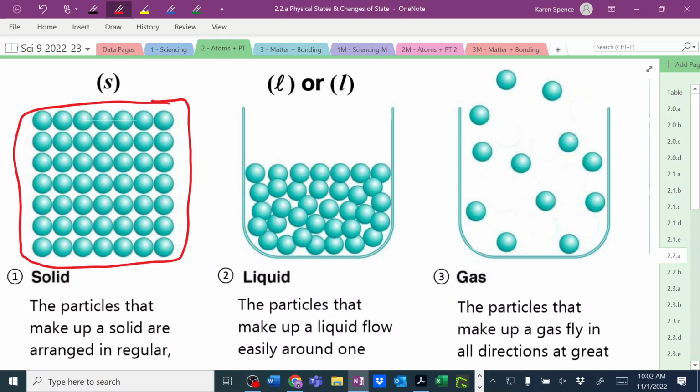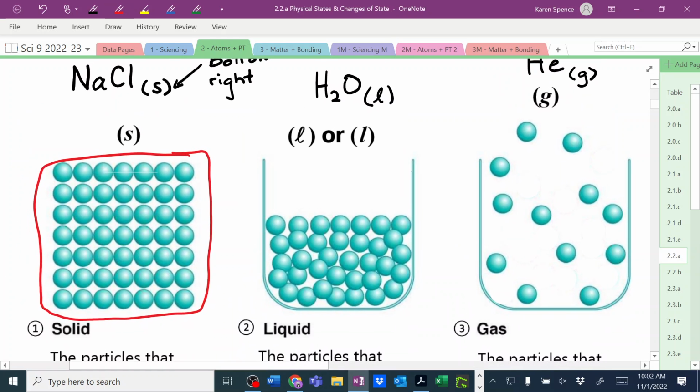Okay, what are some words that we could use to describe a solid, the arrangement of the atoms in a solid, or particles in a solid? Yes? Very compact. Yes? It's tightly, everything is packed tightly.